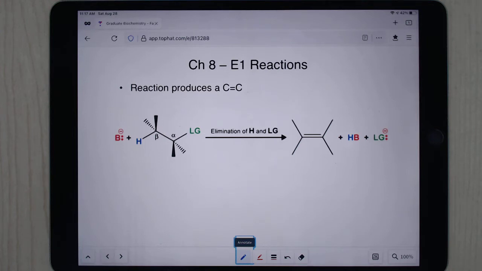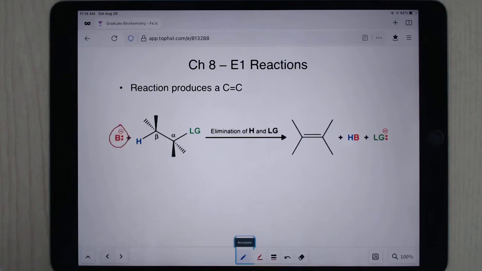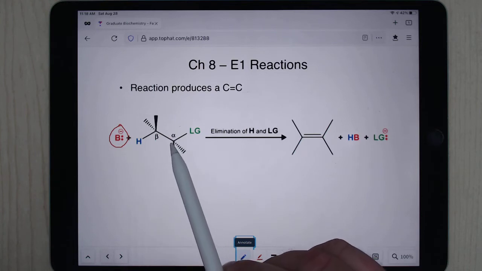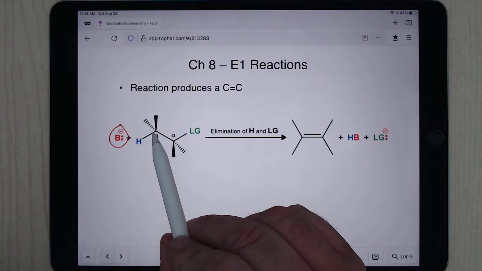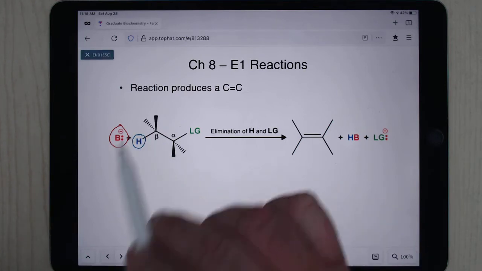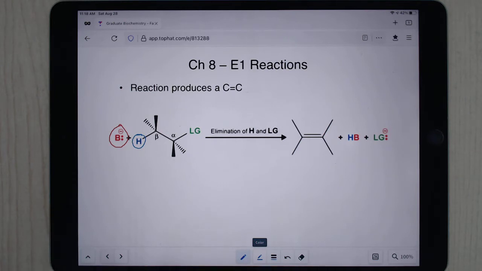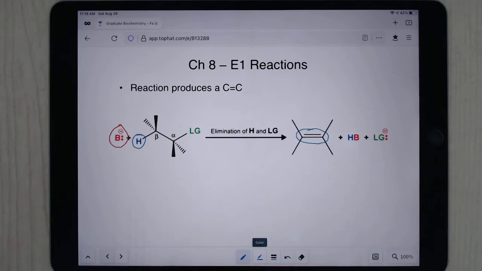The biggest difference between the substitution and the elimination reaction is that in this case the molecule with negative character is not going to act like a nucleophile, it's going to act like a base. And instead of acting directly on the carbon that has the leaving group within it, it's going to react on this adjacent one. Okay? And so it's going to react here. But the leaving group is going to leave. And what's left behind is this carbon-carbon bond, scar.